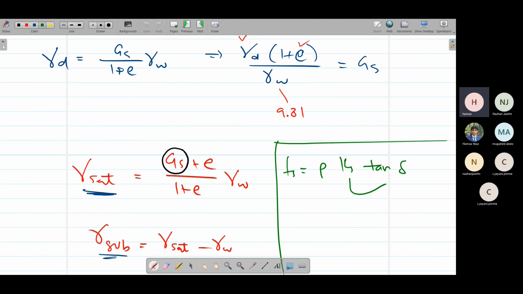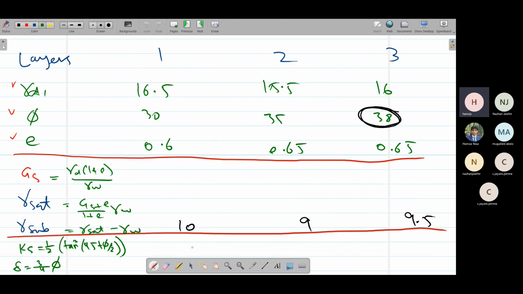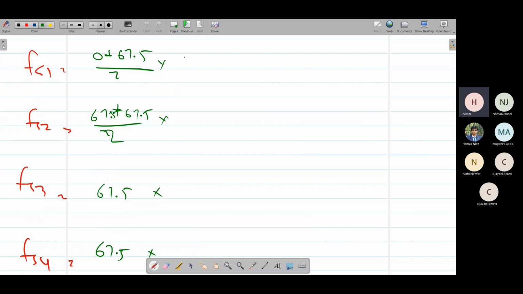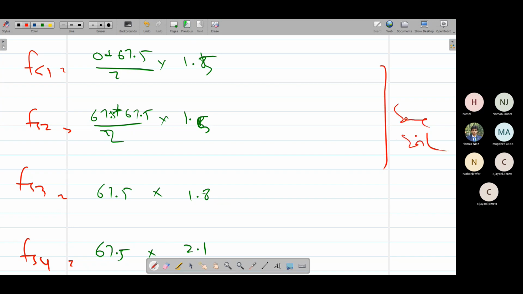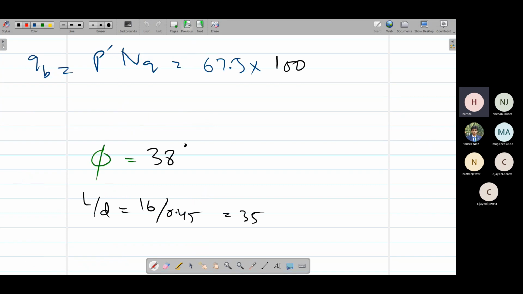Ks we have calculated from the table, for example, 1.5, 1.8, 2.1. We are multiplying it by the formula, 1.5 for the first 2 layers, then 1.8 and 2.1, because these 2 layers have the same soil, only because due to critical depth we have divided it into 2 parts.